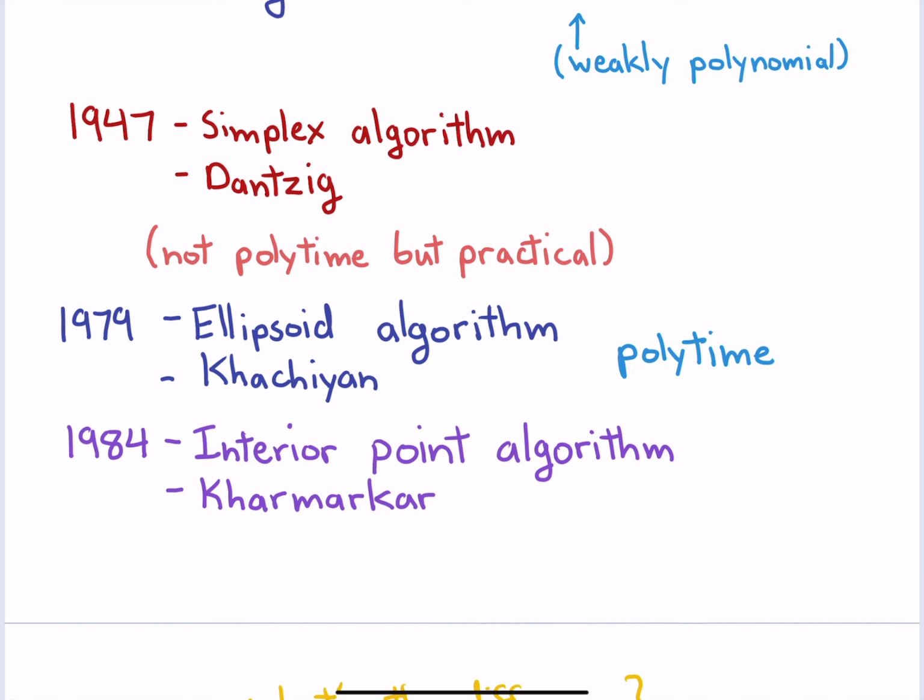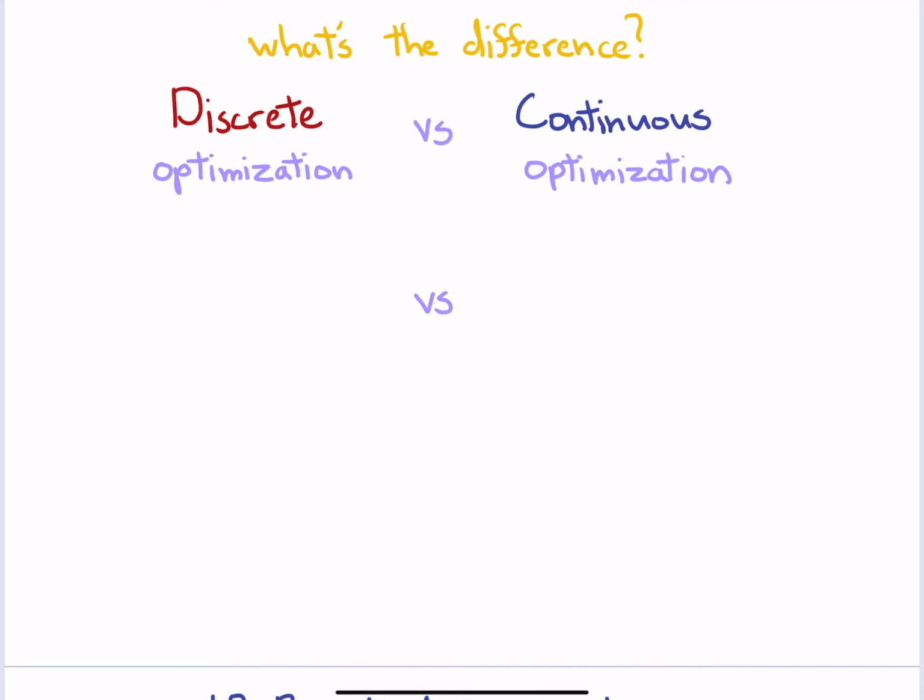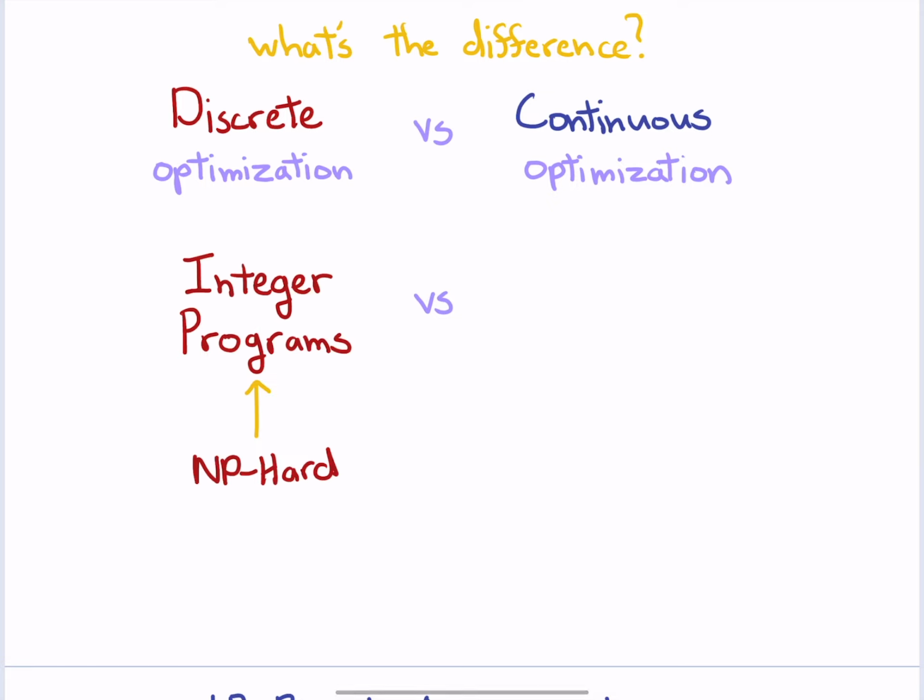But it's this compare and contrast that I want to emphasize. On one hand, we have discrete optimization. On the other hand, we have continuous optimization. On the discrete side, we have integer programs and basically everything we've done in this class, and you have this issue of integer programs being NP hard.